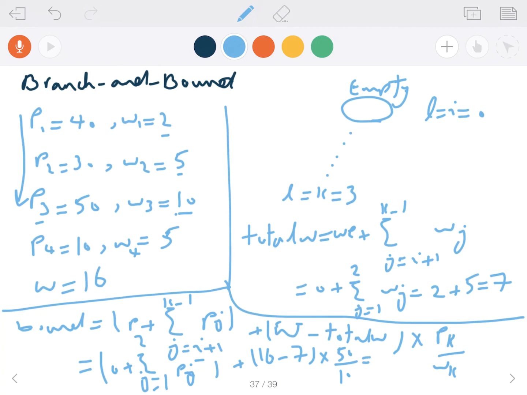If we add these numbers together, p1 plus p2 are going to be 70, plus this is equal to 9 multiplied by 5, which is 45, and together it is going to be 150. So that's the total bound that we can obtain starting from here. That's the maximum that we can obtain.